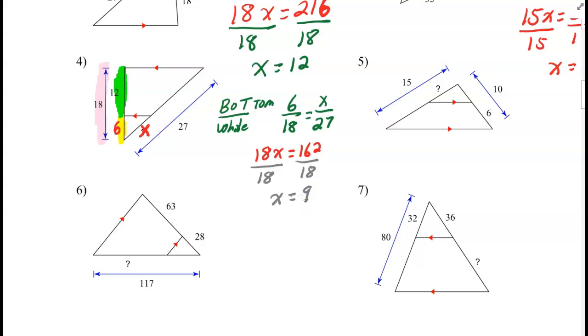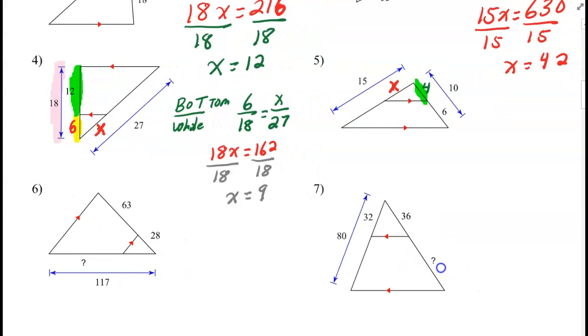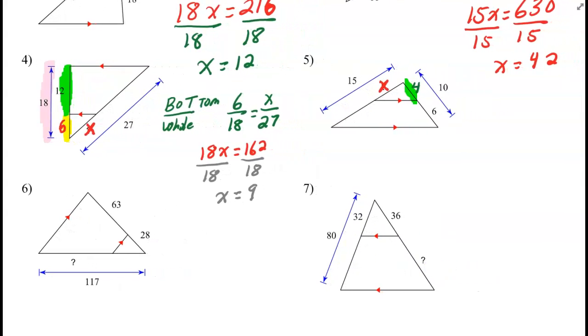We could apply that concept if we want to number 5. I'm going to call the question mark x. I'm going to first find out this little green section by saying 10 minus 6. 10 minus 6 is 4. This time I'm going to say the top over the whole.